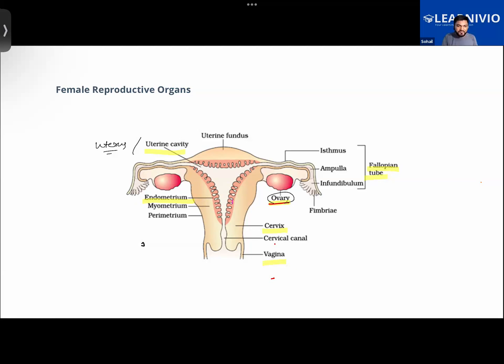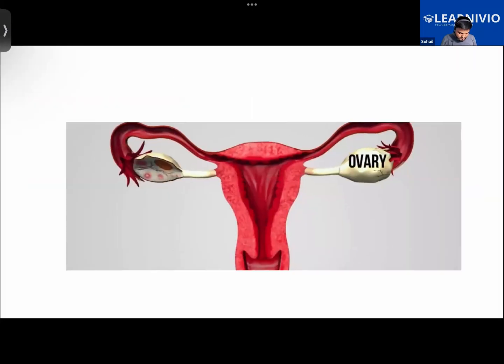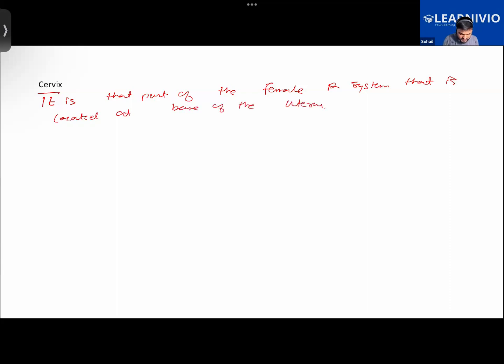So it is basically that part of the female reproductive system that is located at the base of the uterus.